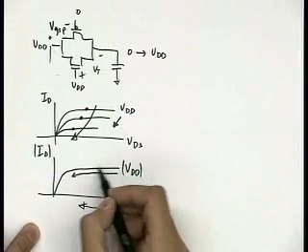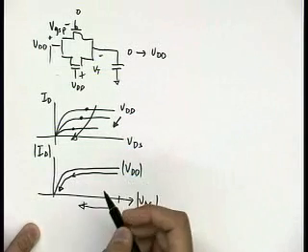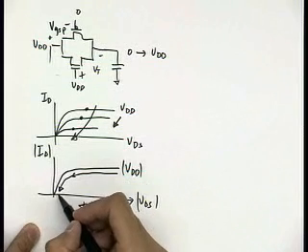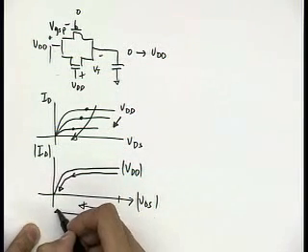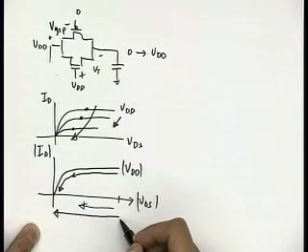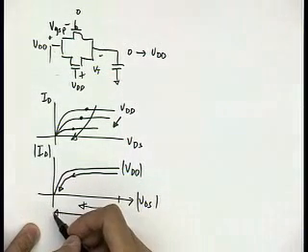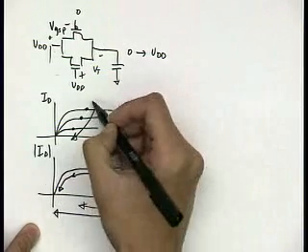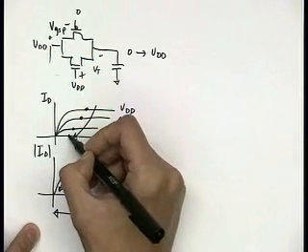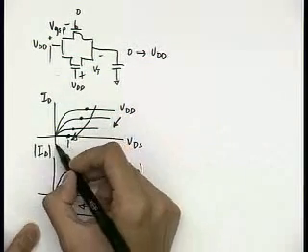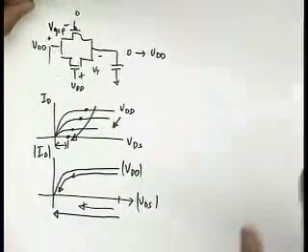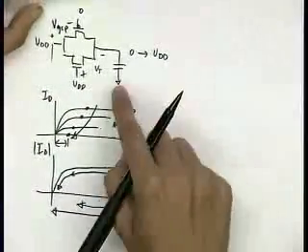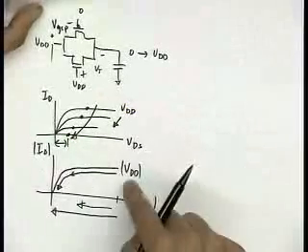It goes from saturation, then down to linear, and it'll be able to bring that VDS all the way down to 0. So we go from saturation to cutoff for the NMOS, and saturation to linear for the PMOS.